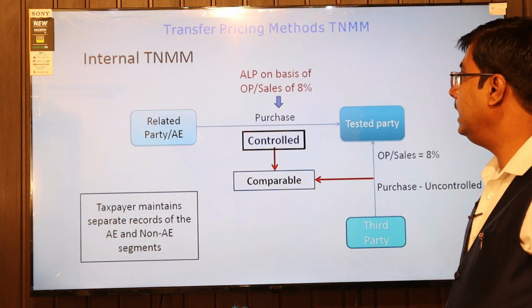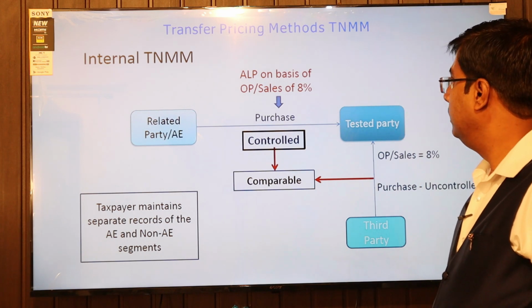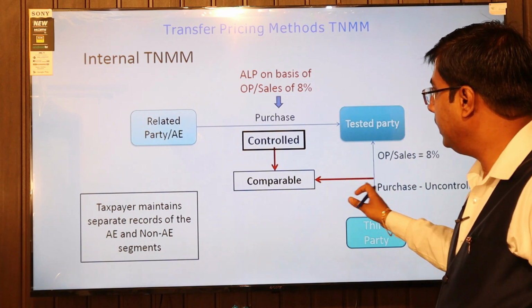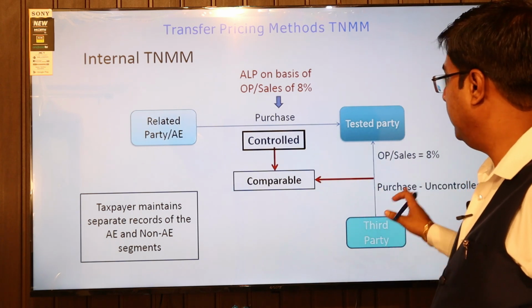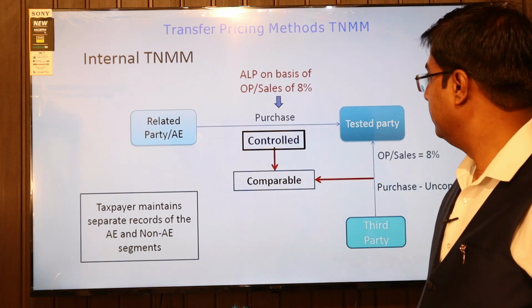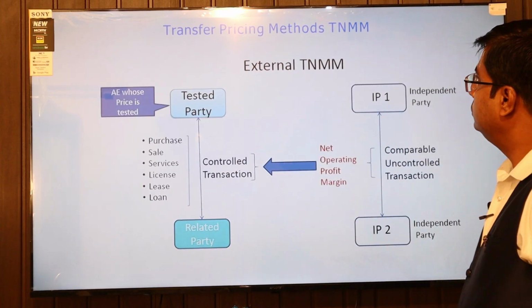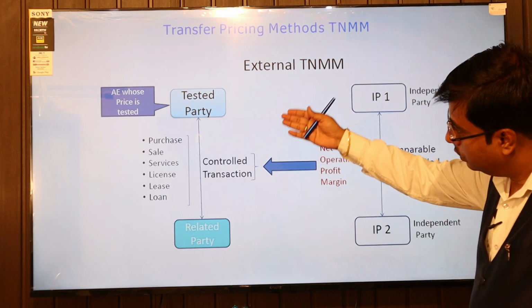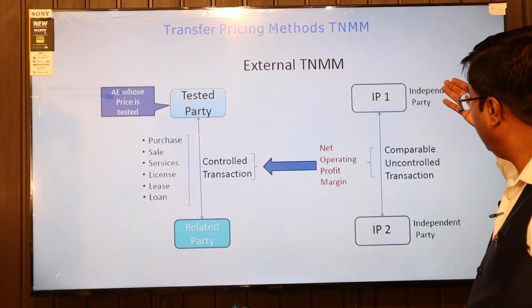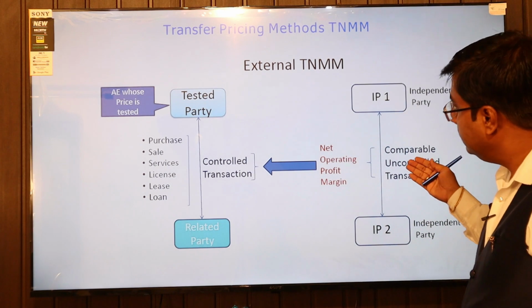So internal TNMM is also applicable. We can test it with the comparable controlled transaction with the other third party independent uncontrolled transaction. So external CUP, external TNMM is applicable. Controlled transaction is compared with the uncontrolled transaction.